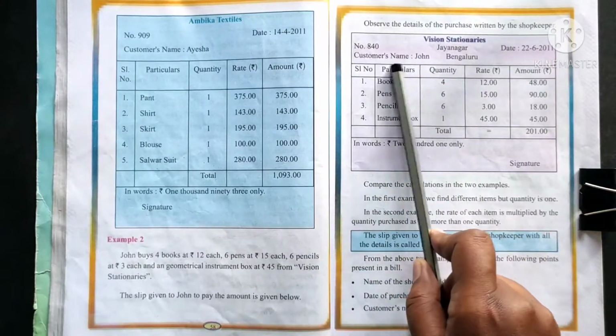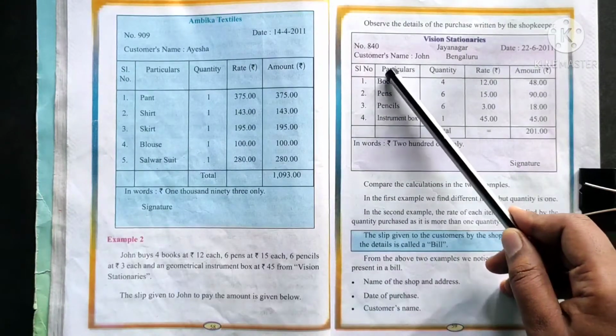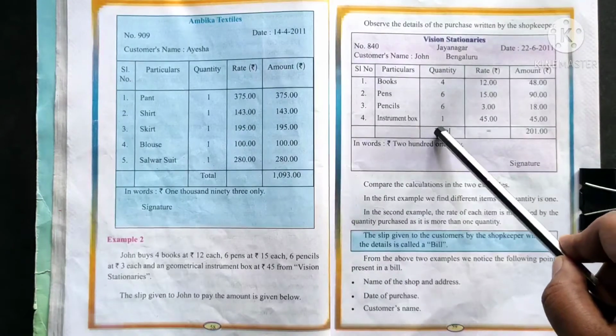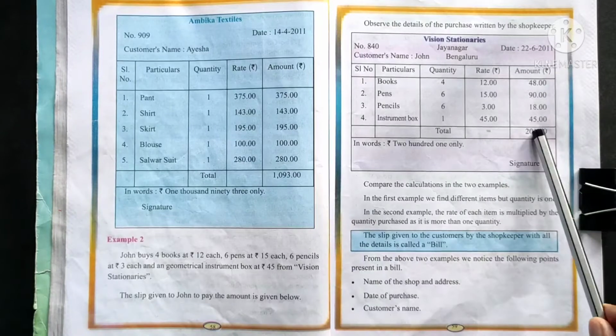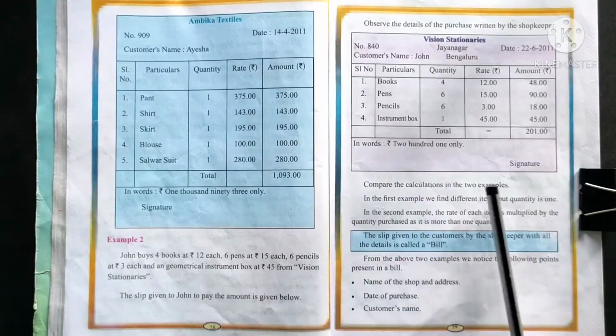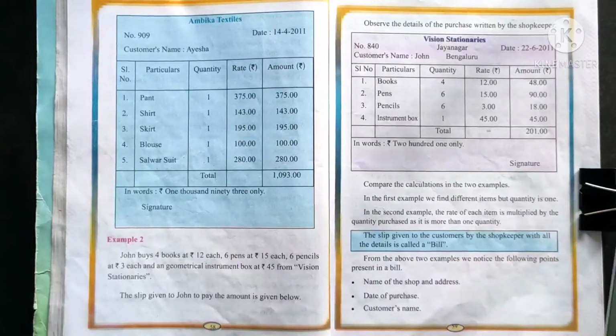It also has customer's name. It has the date of purchase. It has the items purchased, quantity of each item purchased, cost of each item, and the total amount to be paid by the customer. It is also written in words, and it also has the signature of the shopkeeper. Now compare the calculations in 2 examples.